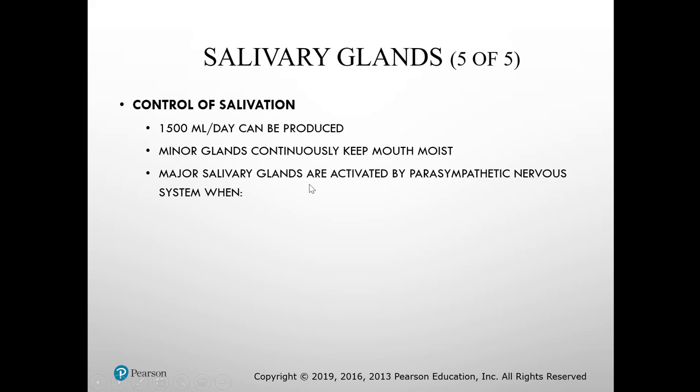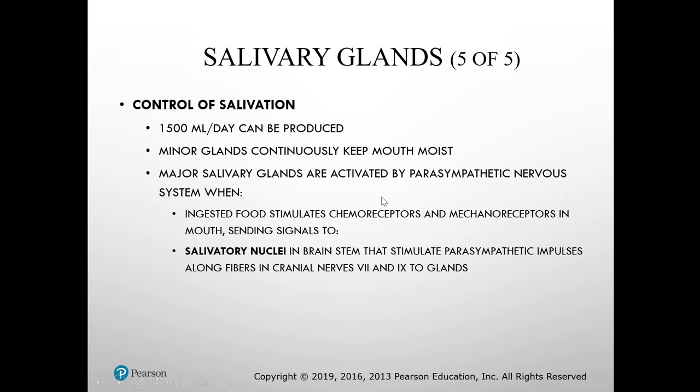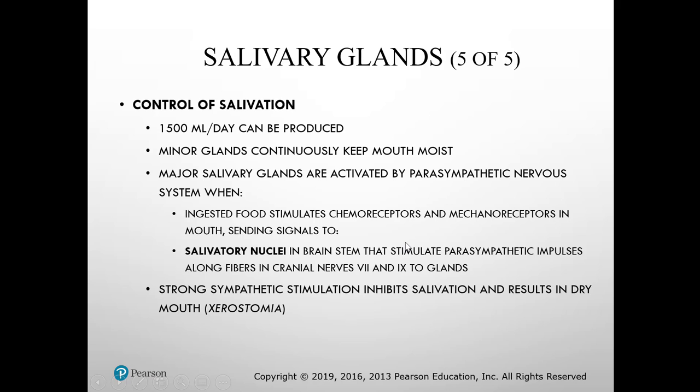The major salivary glands are activated by the parasympathetic nervous system whenever you have ingested food that stimulates chemoreceptors and mechanoreceptors in the mouth, sending signals to your salivatory nuclei in the brainstem that stimulate the parasympathetic impulses along fibers in cranial nerves 7 and 9, all the way to the glands.